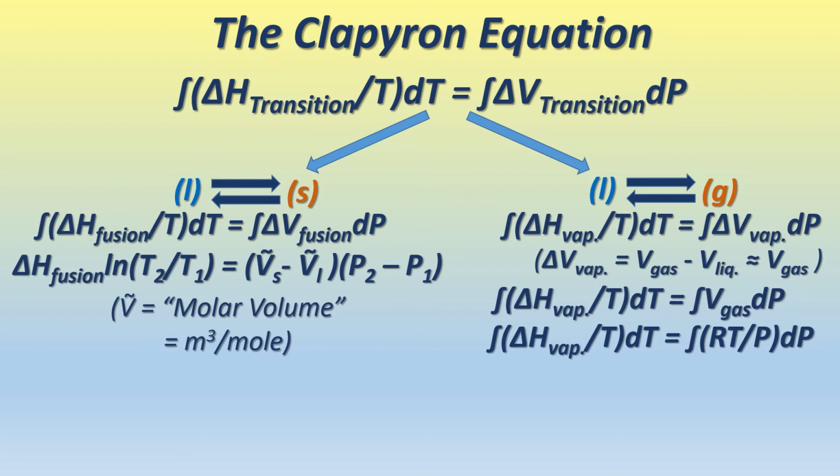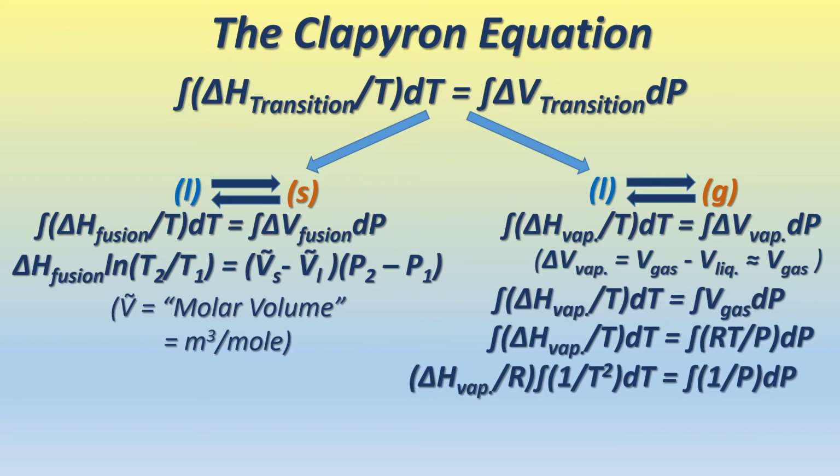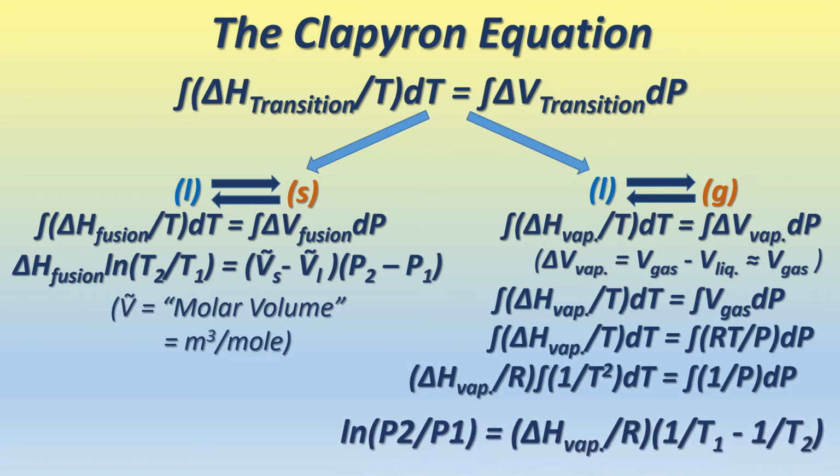Since volume is not a native variable, substitute for the ideal gas law, and I get delta H over R, 1 over T squared dT is 1 over P dP. Do the integrals. 1 over P dP is log of P2 over P1. 1 over T squared is 1 over T1 minus 1 over T2.